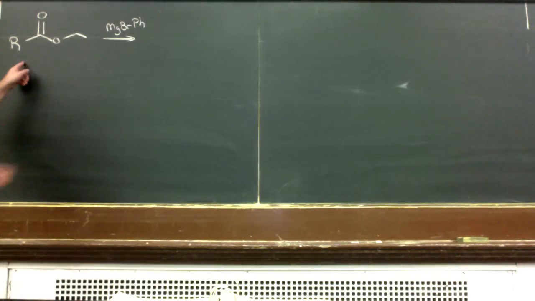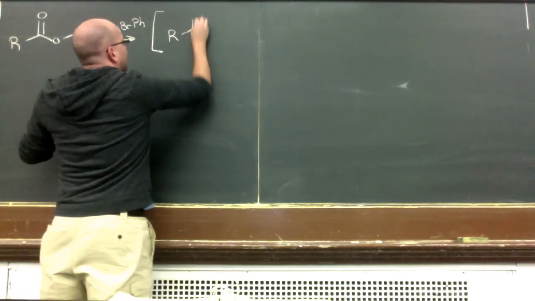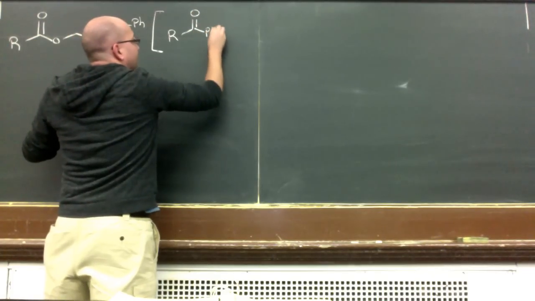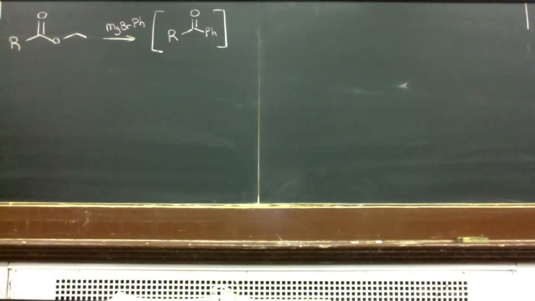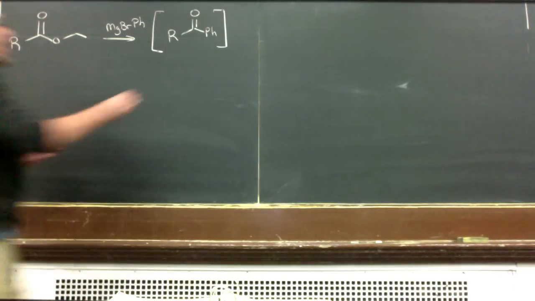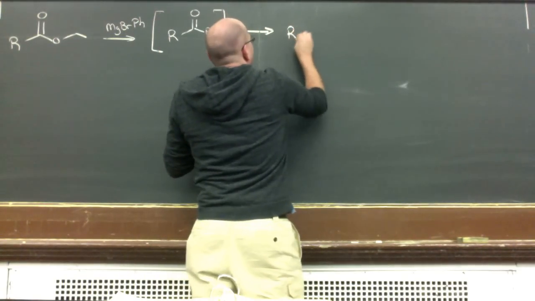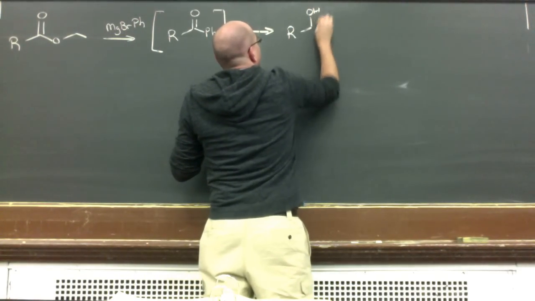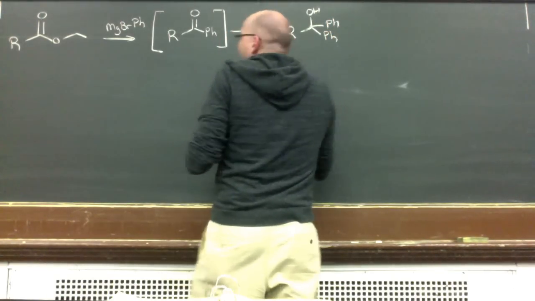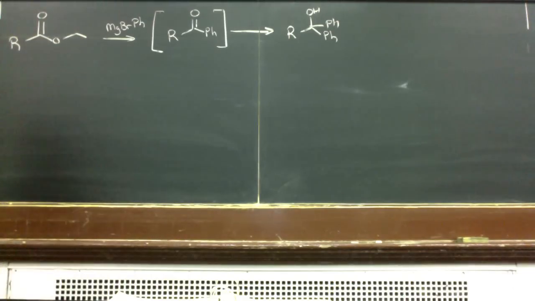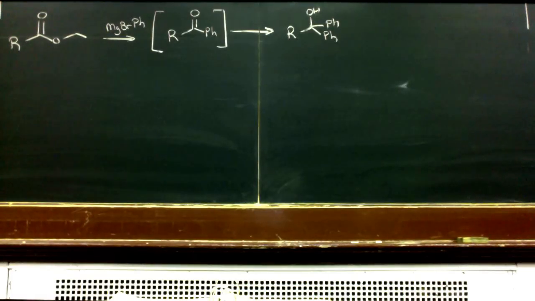It attacks the carbonyl. Upon elimination, we're going to have this phenyl ketone. And then it's going to add again, right? The idea here is that ketones are more reactive than esters, and so if you have an ester and you're trying to turn it into a ketone, it's going to be very difficult.